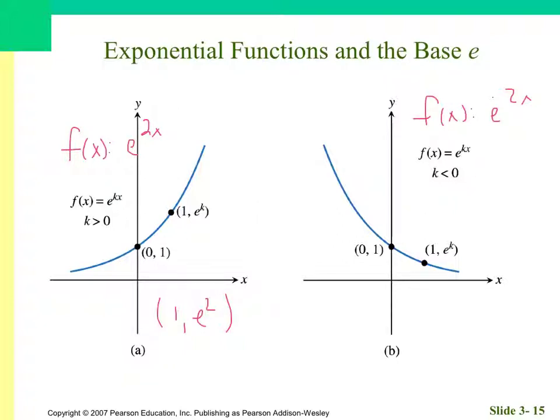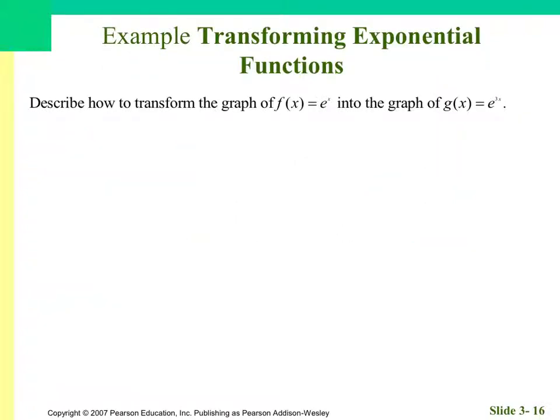So, we'll see some examples. Just understand the shapes and how e to the x can also be exponential growth and exponential decay. So it says, describe how to transform the graph of f of x equals e to the x into the graph of g of x equals e to the 3x.